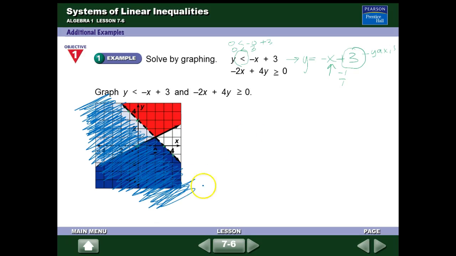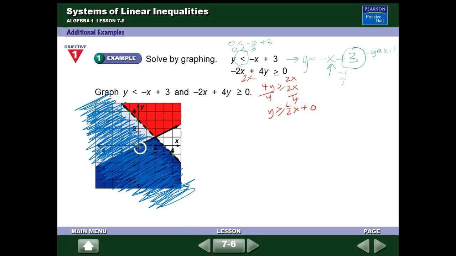Okay? So now, let's do 2x plus 4y is greater than or equal to 0. Here I'm going to subtract my 2x, so I get 4y greater than or equal to negative 2x. Divided by 4, y is greater than or equal to negative 1/2 x plus 0. The 0 is not there, but you do need to know that.